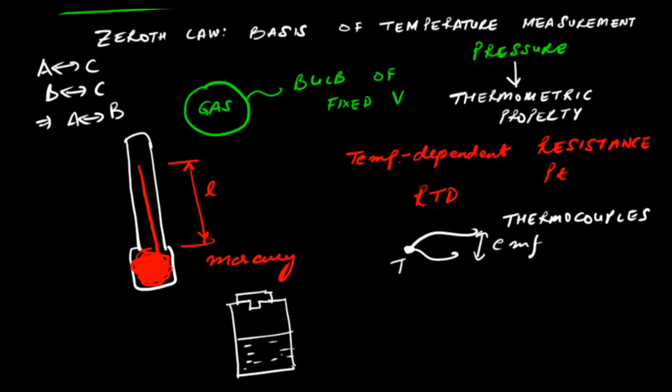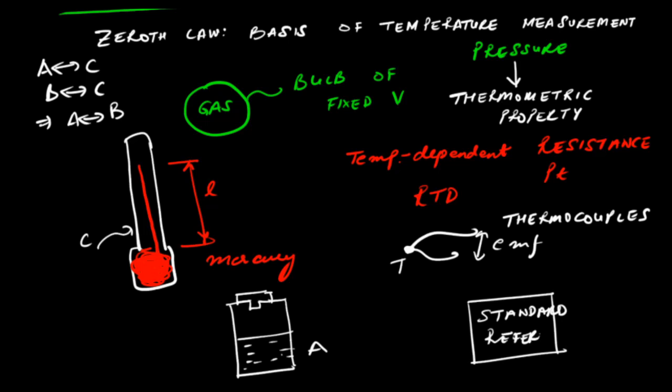So what you can do is consider this as your system A. Then you can consider your mercury in bulb thermometer as system C, and system B can be some standard or reference system, for example any system which can be maintained at that particular state with quite an ease.